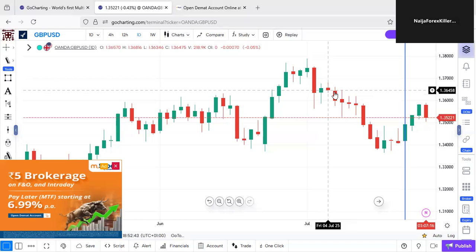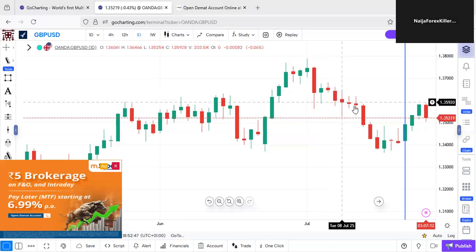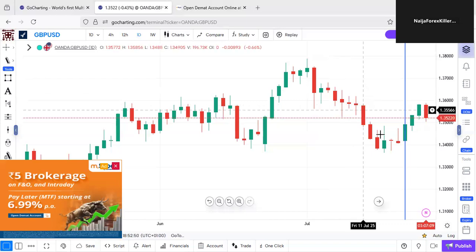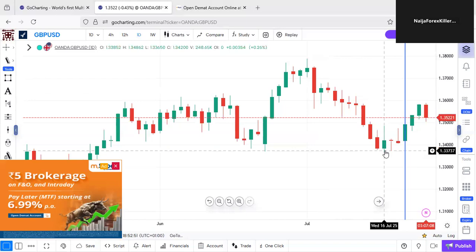Here the market also closed at a sell, which is down. That's what you have to understand when it comes to candlesticks. Once you see a blue candle, just know that the market went up. Once you see a red candle, just know that the market went down.